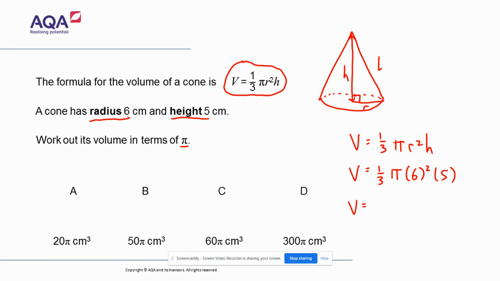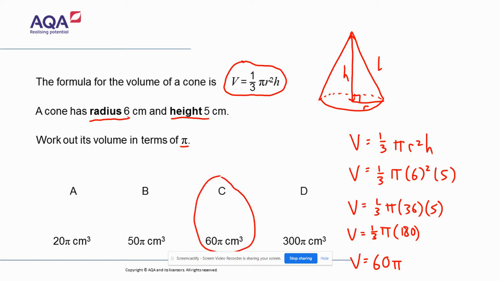So if you work that through, we want 1/3 pi, and then we've got 36 times 5, which comes out as 1/3 pi, and then 180. So what we'll need to do there is, if we divide 180 by 3, that'll leave us with 60 pi, and the units will be centimetres cubed.